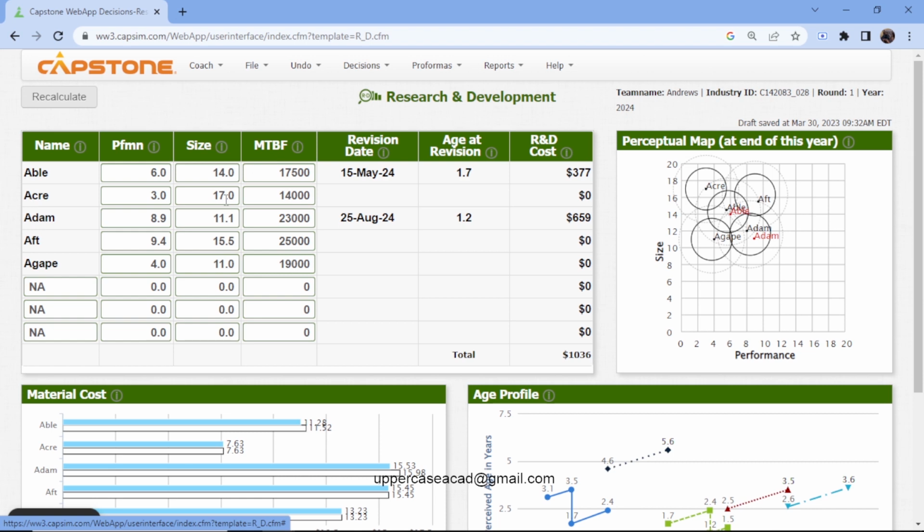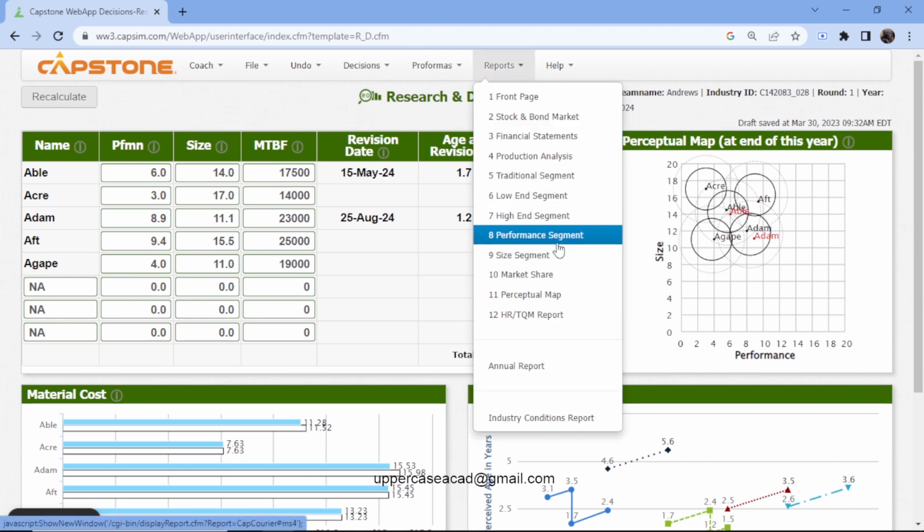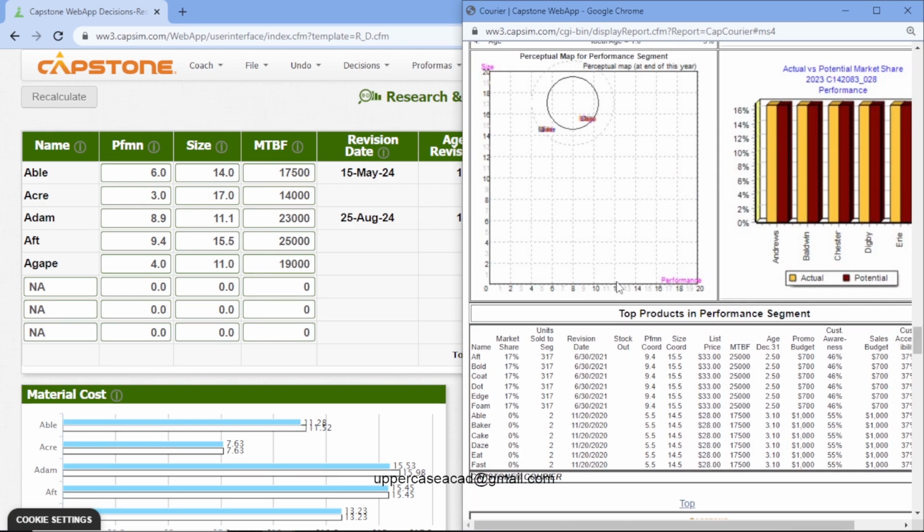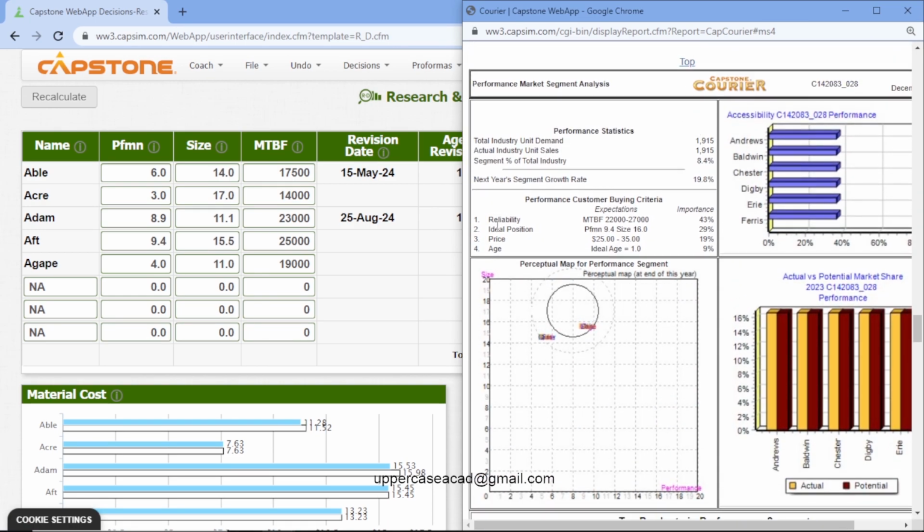Then the next product is Aft. Aft is in the performance market segment. So I'll come and look at Aft. Here, customers give reliability an importance of 43%, ideal positioning 29%, price 19%, and age has an importance of 9%.